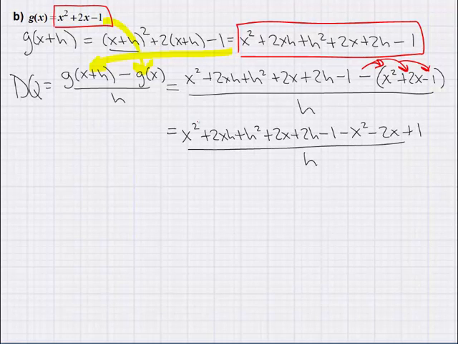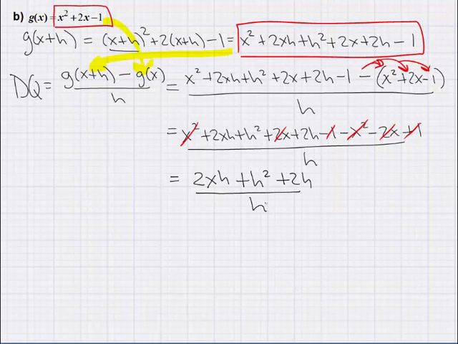Well, guess what? x squared minus x squared cancel. 2x minus 2x cancel. Minus 1 plus 1 cancel. Look at what we have left: 2xh plus h squared plus 2h all over h.